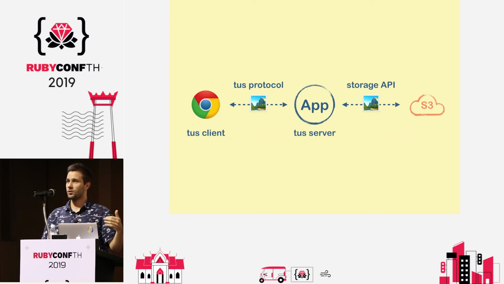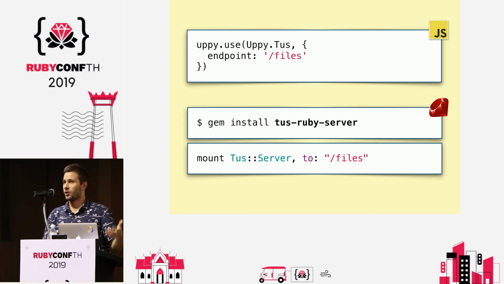This approach works in a way that the tus server implementation, which can be mounted inside your application but can also be separate, acts as sort of a proxy to the storage. So in a way, it's similar to the first solution that I showed, but it implements this more complex protocol with multiple requests.